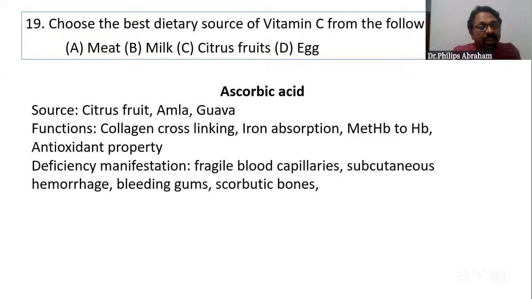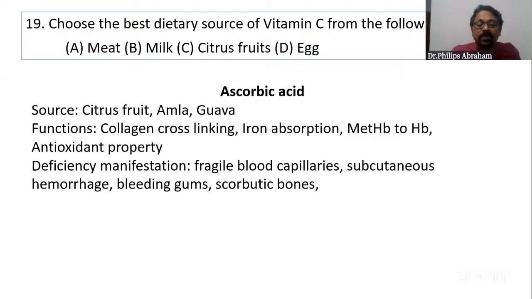In the same way, we have spongy gums. Collagen is not mature, so bleeding gums, spongy gums. That's another manifestation of vitamin C deficiency. Then the bones are fragile because bones also contain collagen. So scorbutic or weak bones is another feature of vitamin C deficiency.